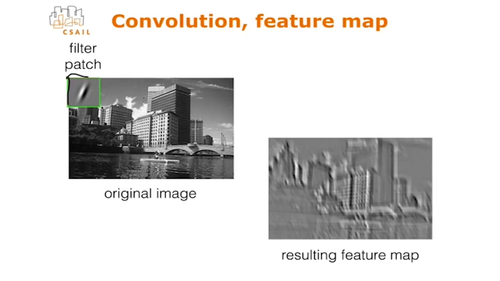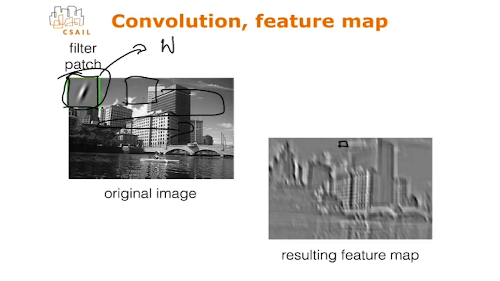Here I have now a little patch that tells me the weights, W. Now I take that size patch, and I apply it throughout the image. So this is what it would look like applying that filter through this image, getting this feature map as a result.